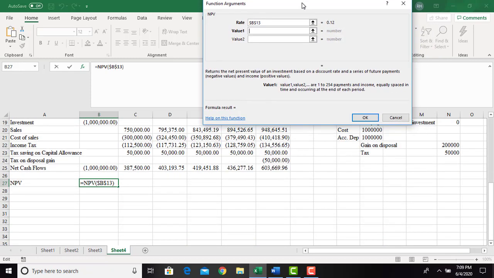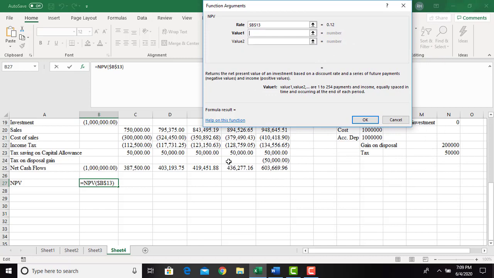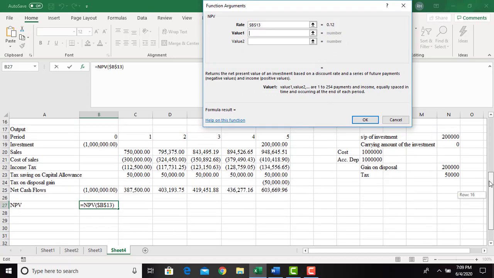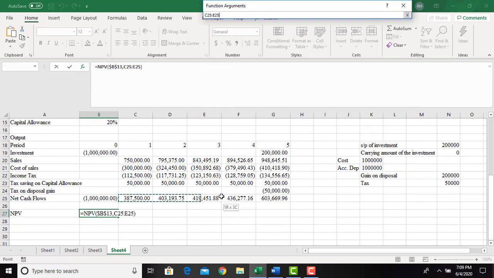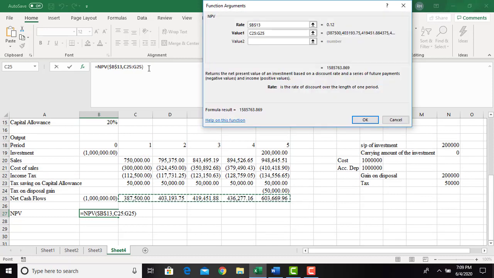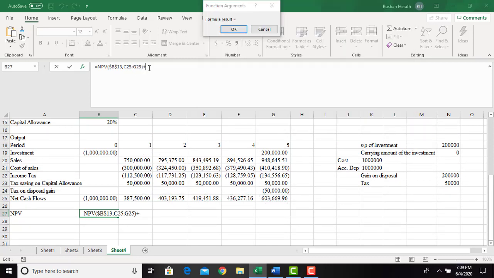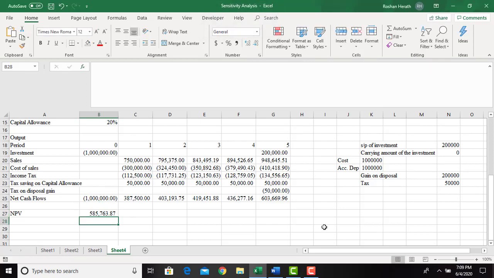When it comes to the values, you may not take the year 0 value, but instead the rest of them. Having taken that, you may add the year 0 cash flow. Then you see the NPV is going to be 585,763 in the current terms.